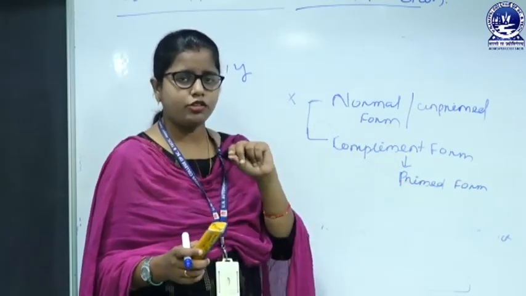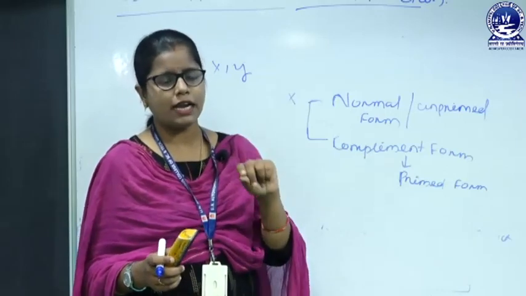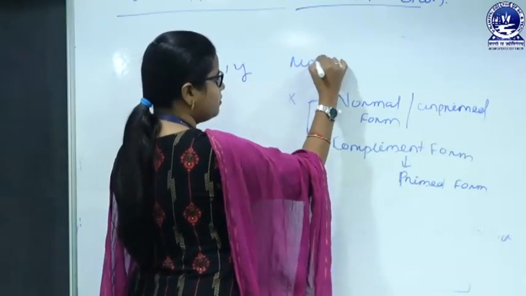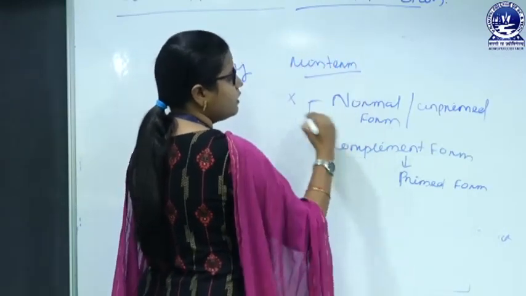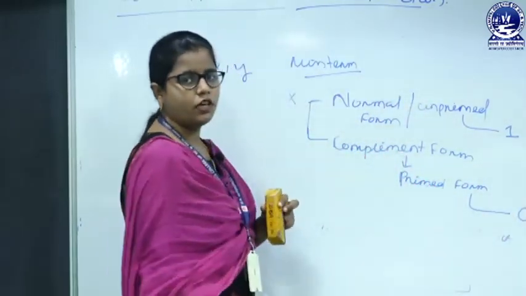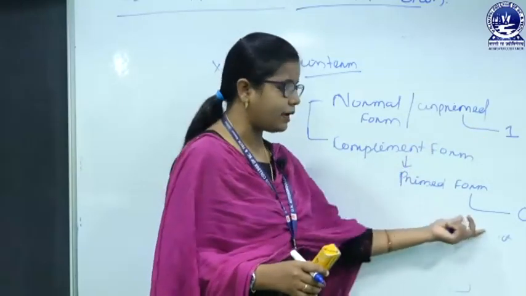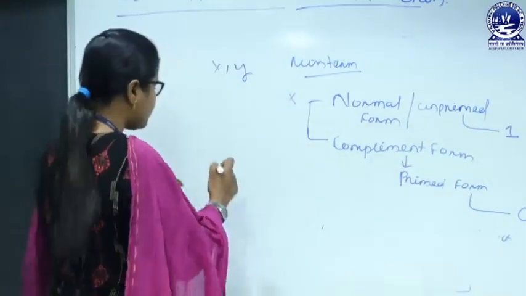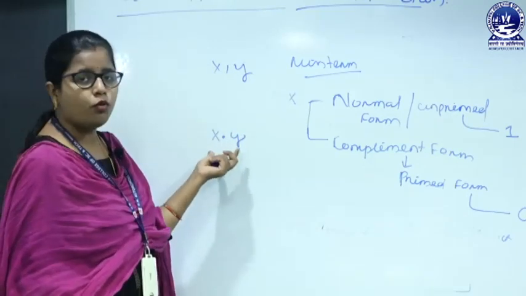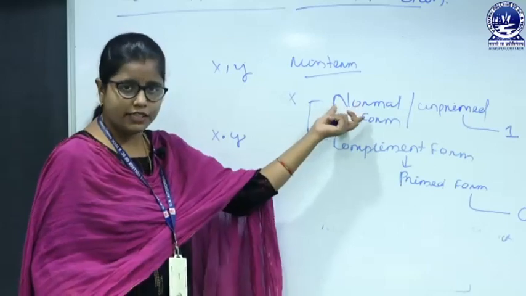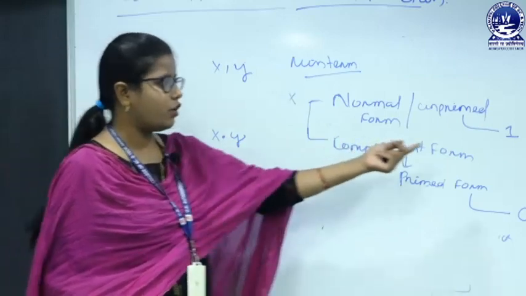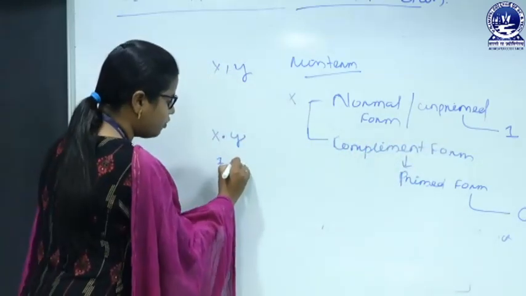Now the question is, what is the digit for the primed and unprimed forms of a min term? For the min term, unprimed means it is 1 and prime means it is 0. Suppose I am writing here x dot y. So x and y both are in the normal form, unprimed form, and the digit is 1, so it will be 1, 1.